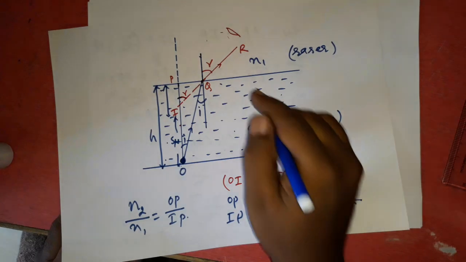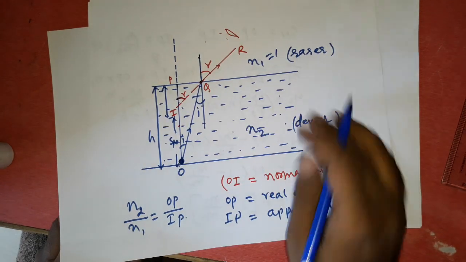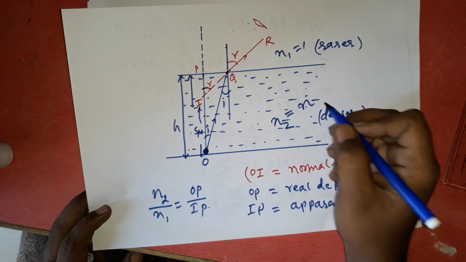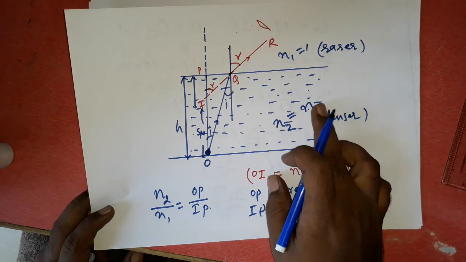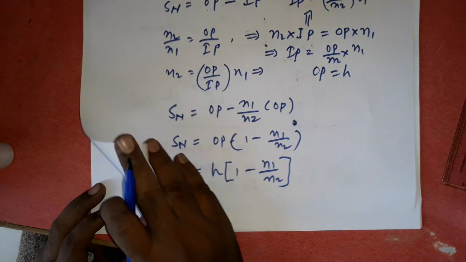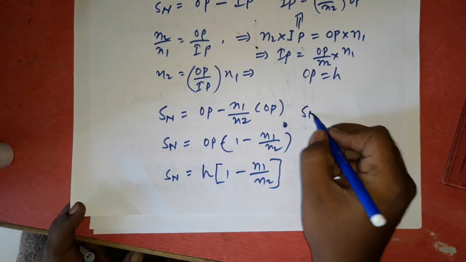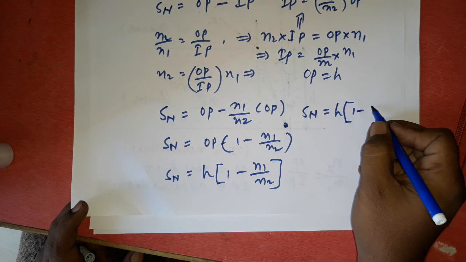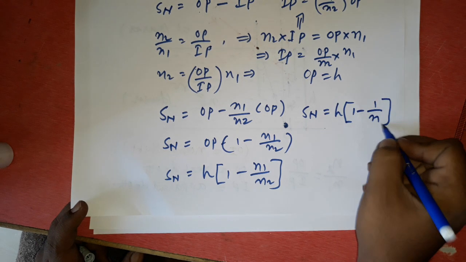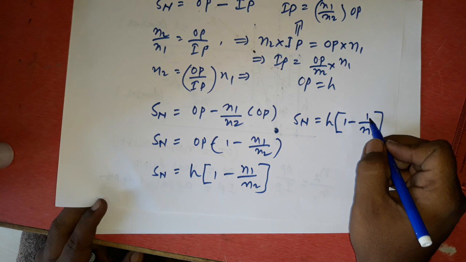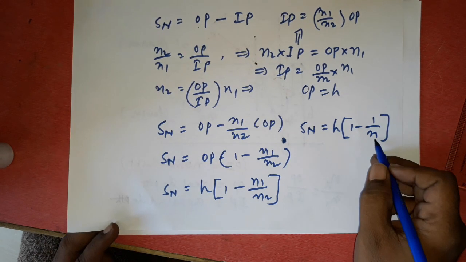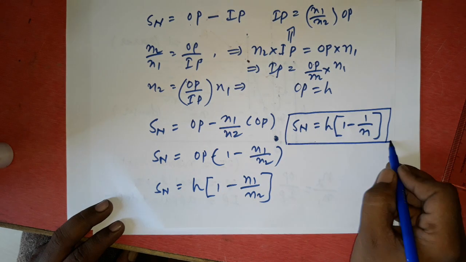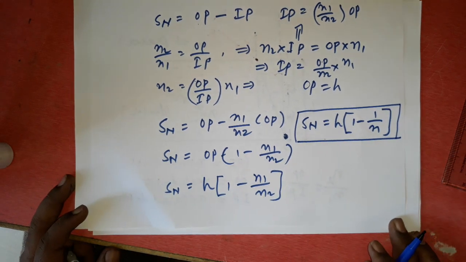If this rarer medium is air, its refractive index will be taken as 1. If the denser medium is some other medium whose refractive index is taken as N, then Sn is equal to H into 1 minus 1 by N, where this 1 is the refractive index of air and N is the refractive index of the denser medium. This is called normal shift.